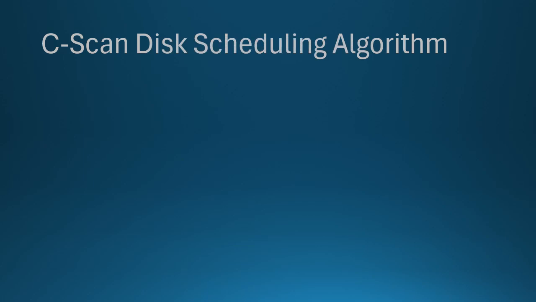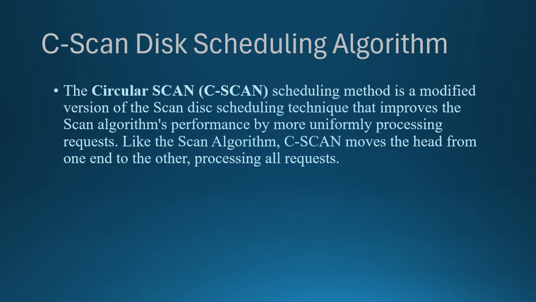C-SCAN disk scheduling algorithm. The circular scan C-SCAN scheduling method is a modified version of the SCAN disk scheduling technique that improves the SCAN algorithm's performance by more uniformly processing requests.